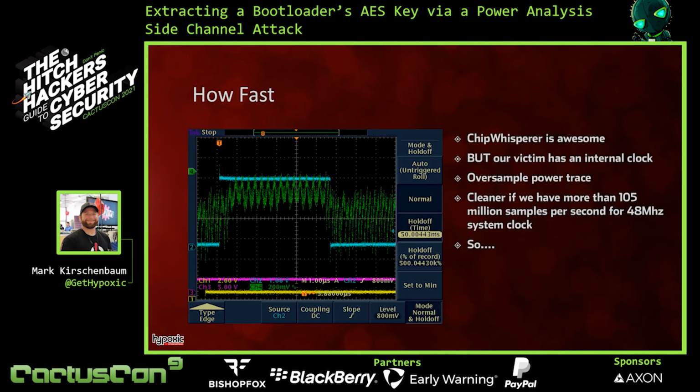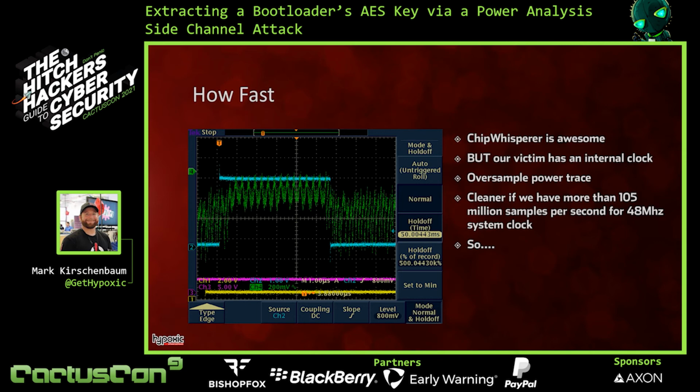Okay, so now we have the power trace, but one of the things we've got to figure out is how fast do we have to capture this power trace? How fast do we have to measure the current? We're going to be measuring the current at a certain beat, and we need to figure out what that beat is going to be. The ChipWhisperer is awesome, and one of the things it does is it generally outputs a clock. You feed that clock into your victim as its input clock.